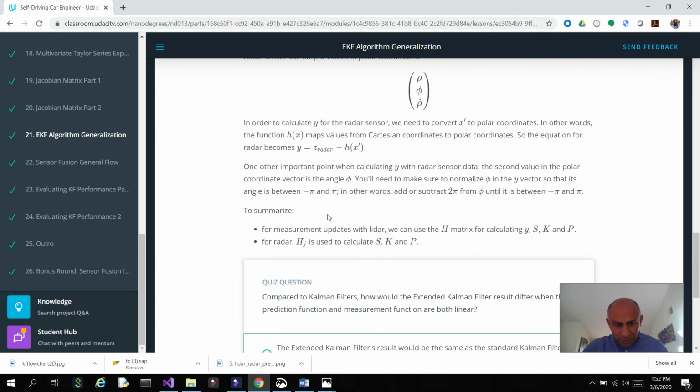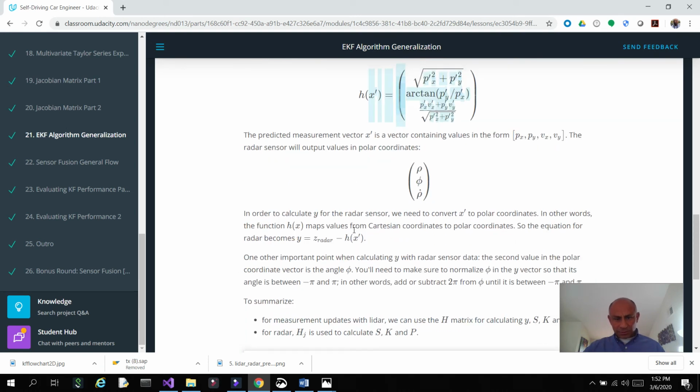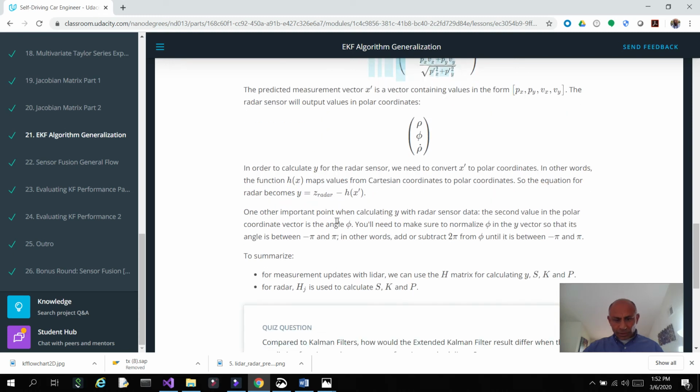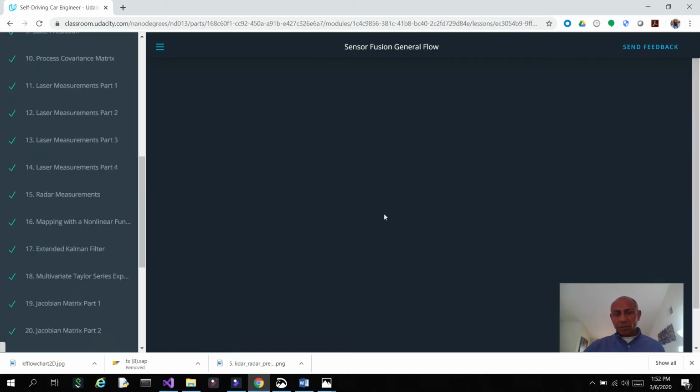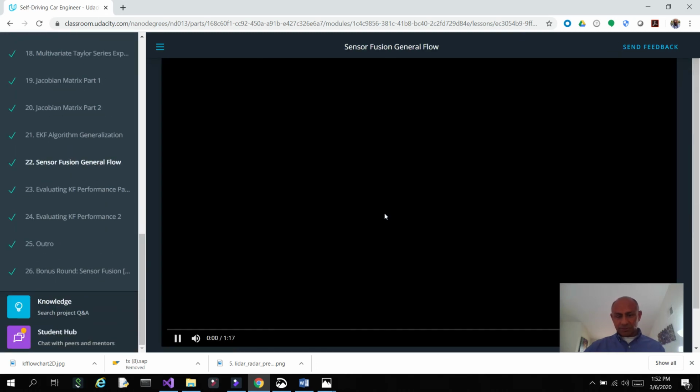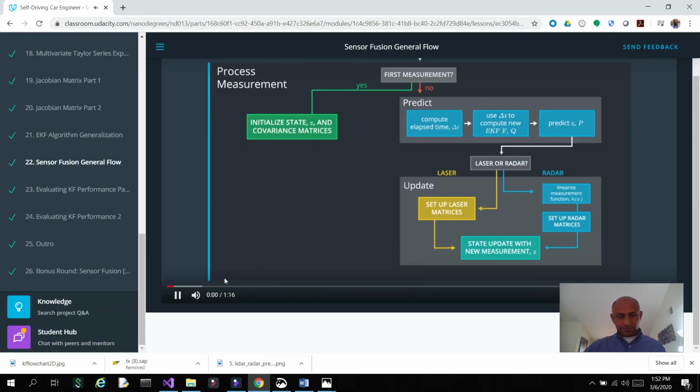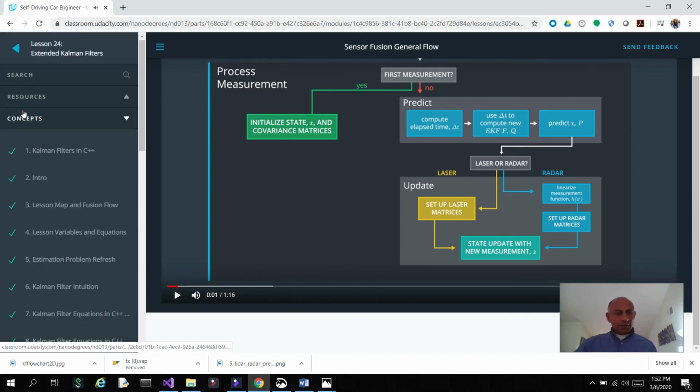And one more thing: we needed to normalize phi so that its angle is between minus pi and plus pi. Okay, wonderful. This was all in terms of concepts.